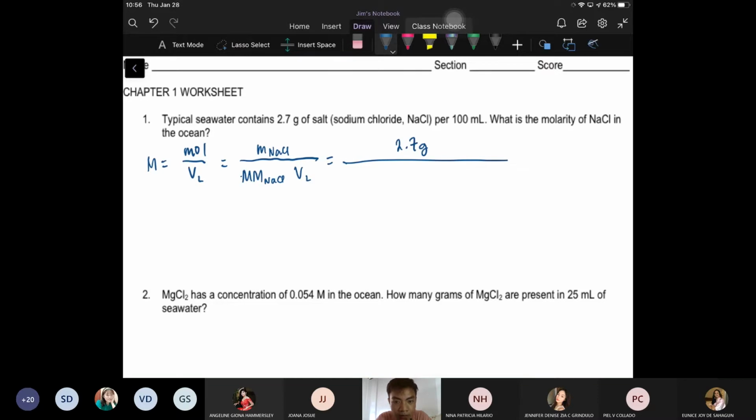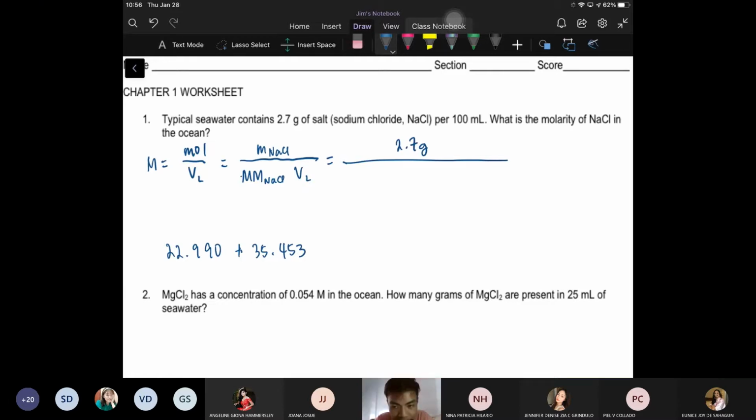So for Na, according to the periodic table, that's 22.990 grams per mole. Cl naman is 35.453. Okay? So again, we are going to use all the digits sa inyong periodic table. Okay? So ito yung printed version ko.